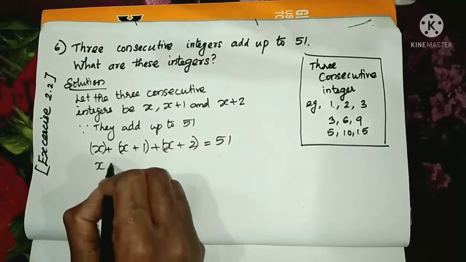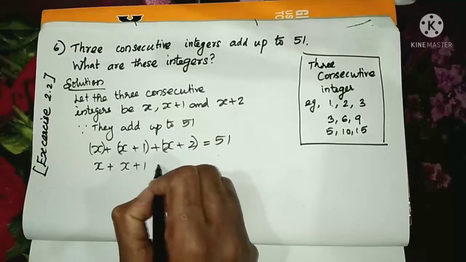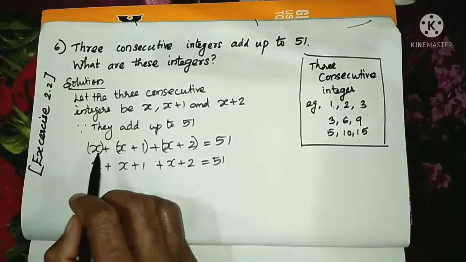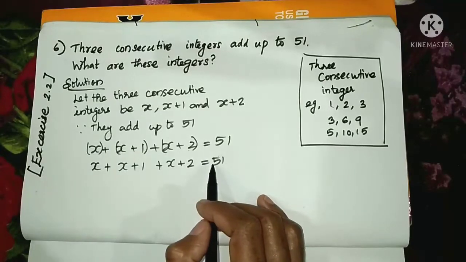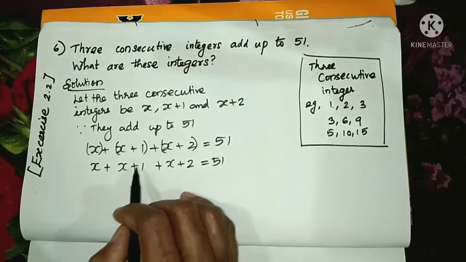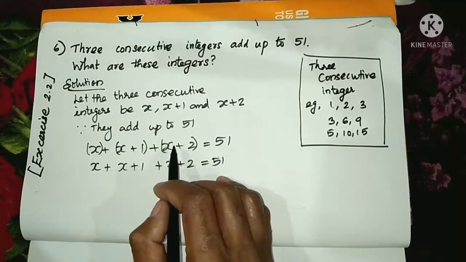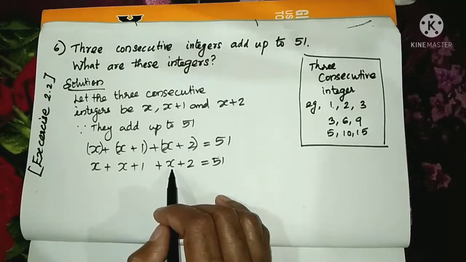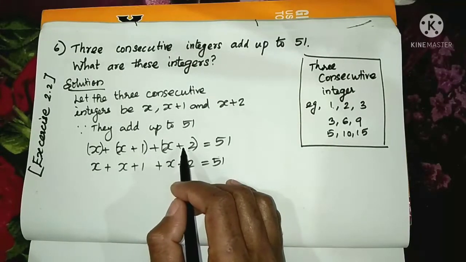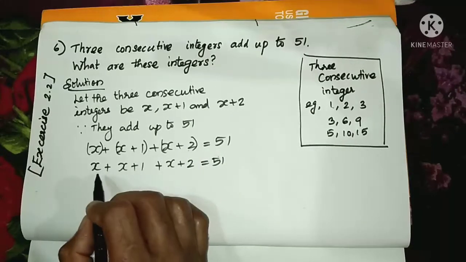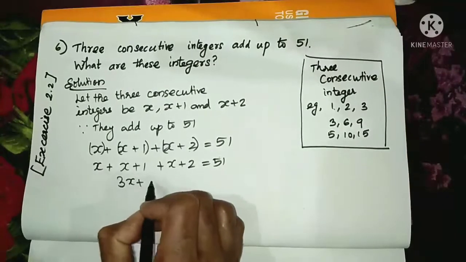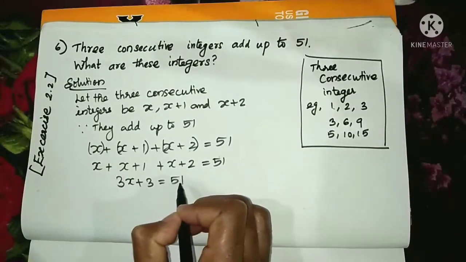Now we can write without brackets. In the second step we are removing the brackets. These two steps show nothing more changes, because all these terms are positive. So we can add and get 3x plus 3 equals 51.